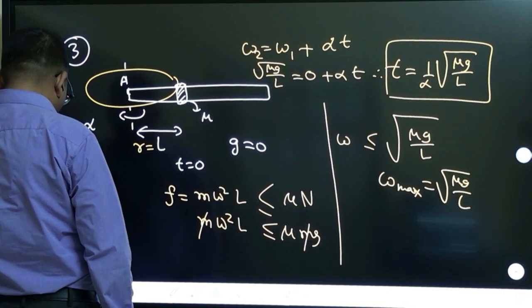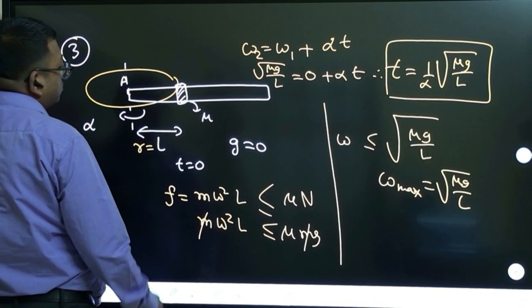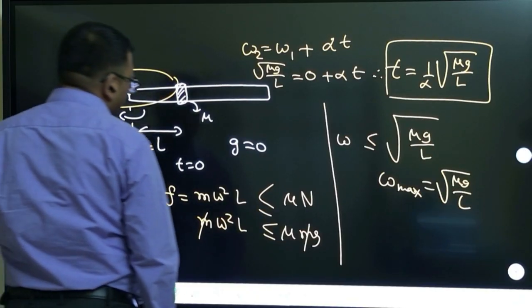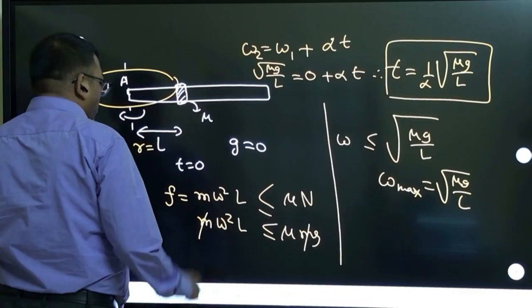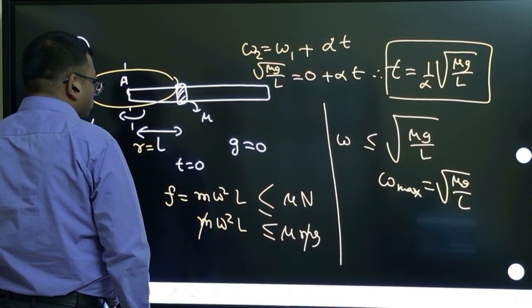A horizontal rod with a bead can slide along it, initially placed at a distance. The rod is set into constant angular acceleration. Coefficient of friction between... at what time of release does it start sliding? So the friction is going to give m omega square L. Friction has to be less than or equal to maximum friction.